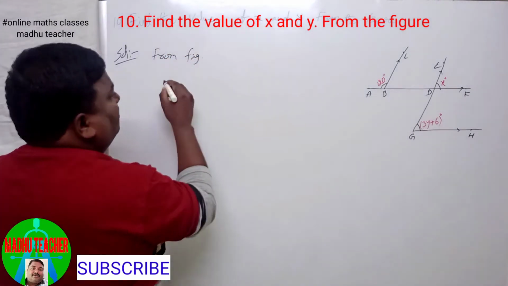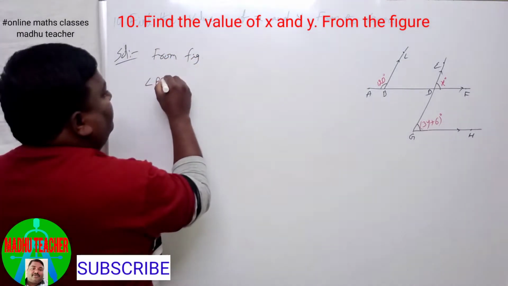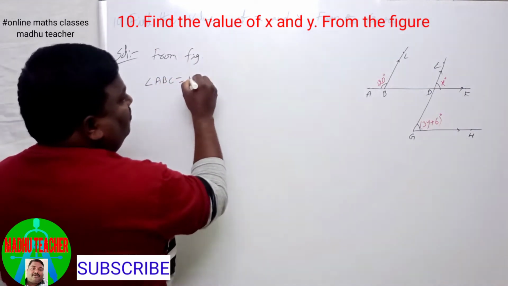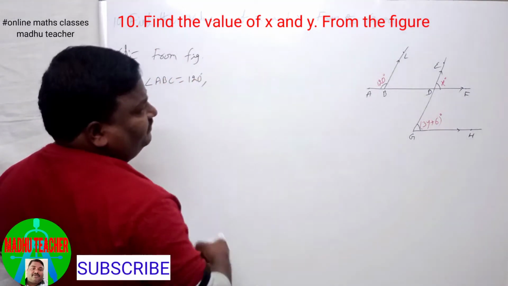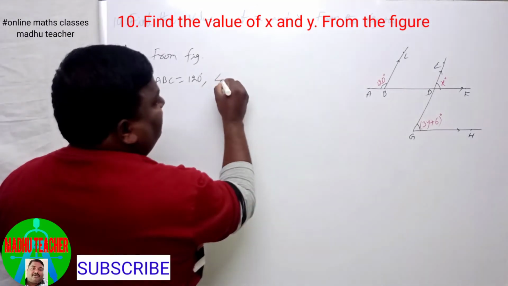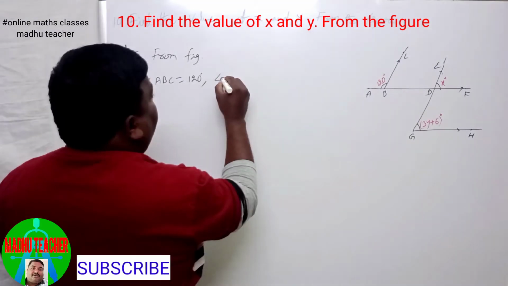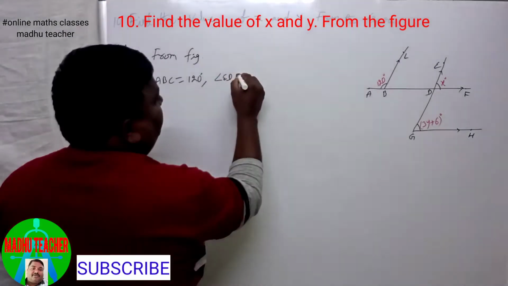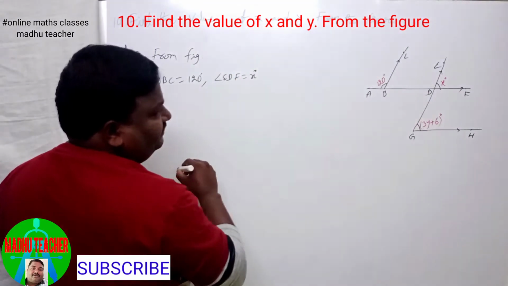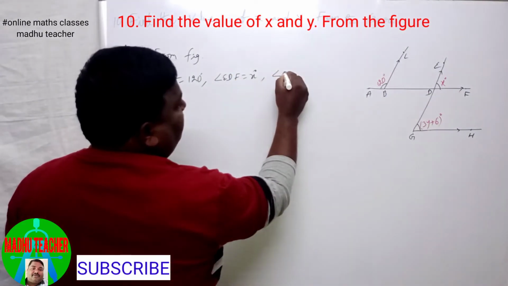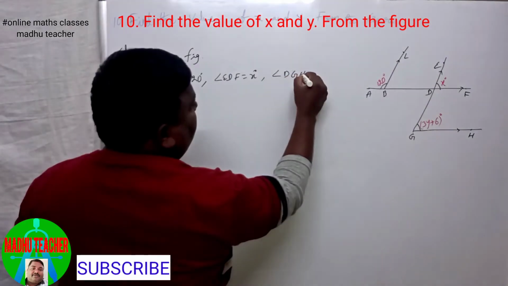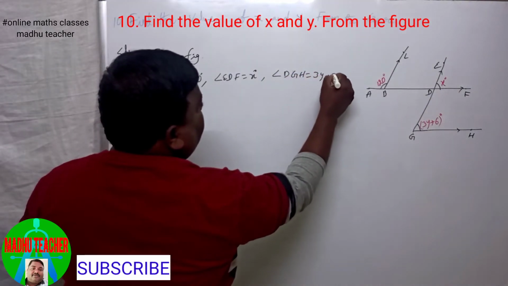So from figure, what are given? Angle ABC equal to 120 degrees. Angle EDF equal to x degrees. Angle DGH equal to 3y plus 6 degrees.